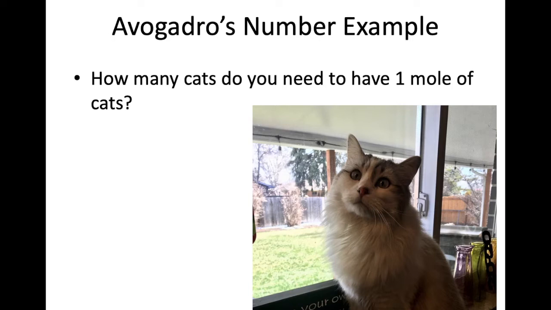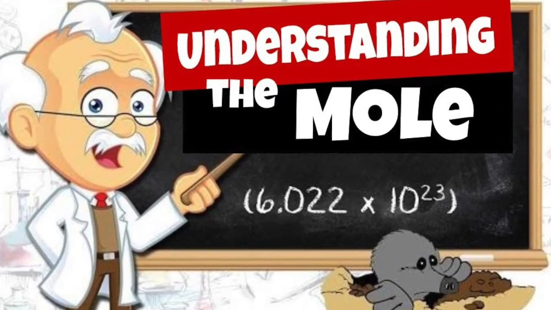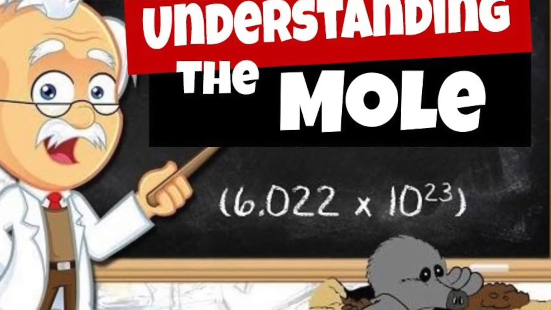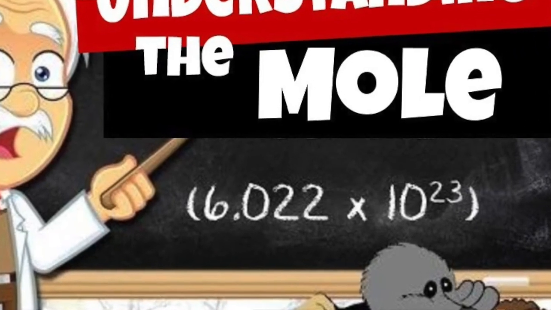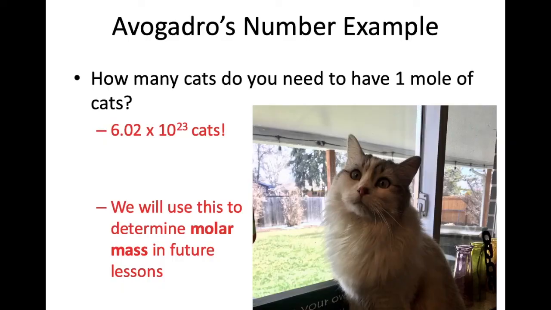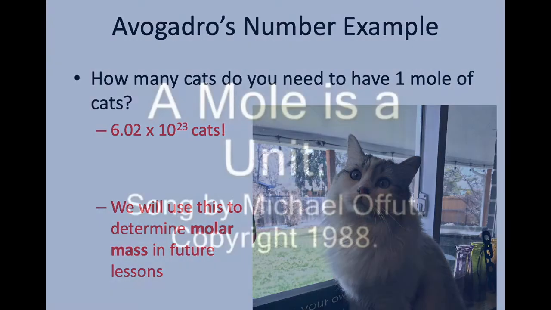Xander really wants to know the answer to this, and the answer is 6.02 times 10 to the 23rd cats. A mole is an equivalent of Avogadro's number of how many of that substance you are looking at. We use this to determine in chemistry something called molar mass, which we're going to talk about in future lessons.